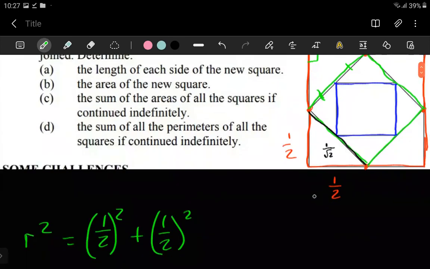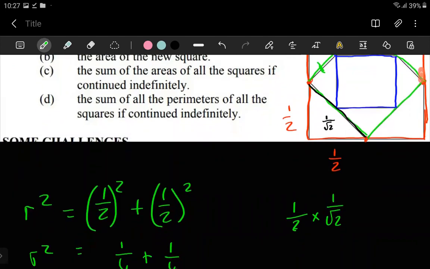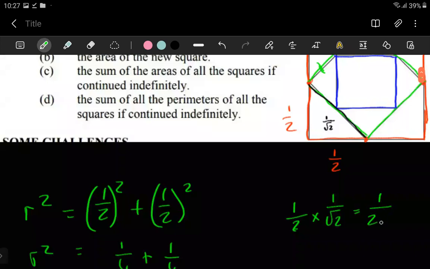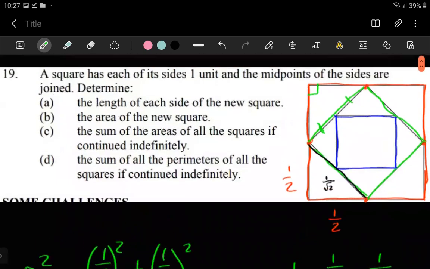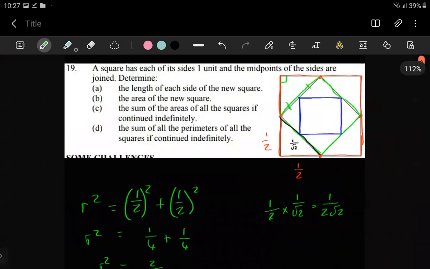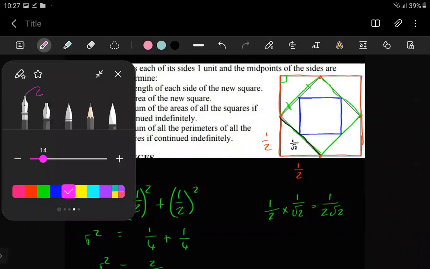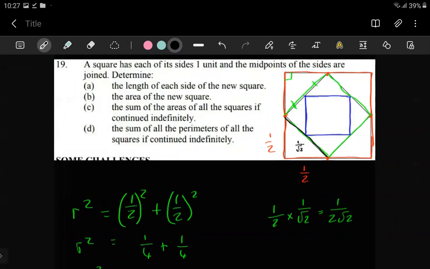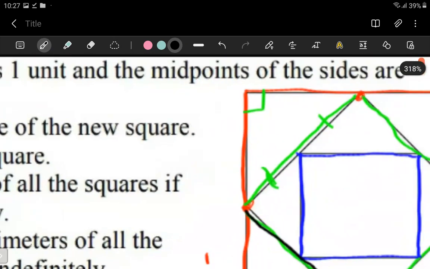So here we know half of 1 over square root of 2 is giving us 1 over 2 square root of 2. You see it? So those are the dimensions that we put on our image here: 1 over 2 square root of 2, 1 over 2 square root of 2.